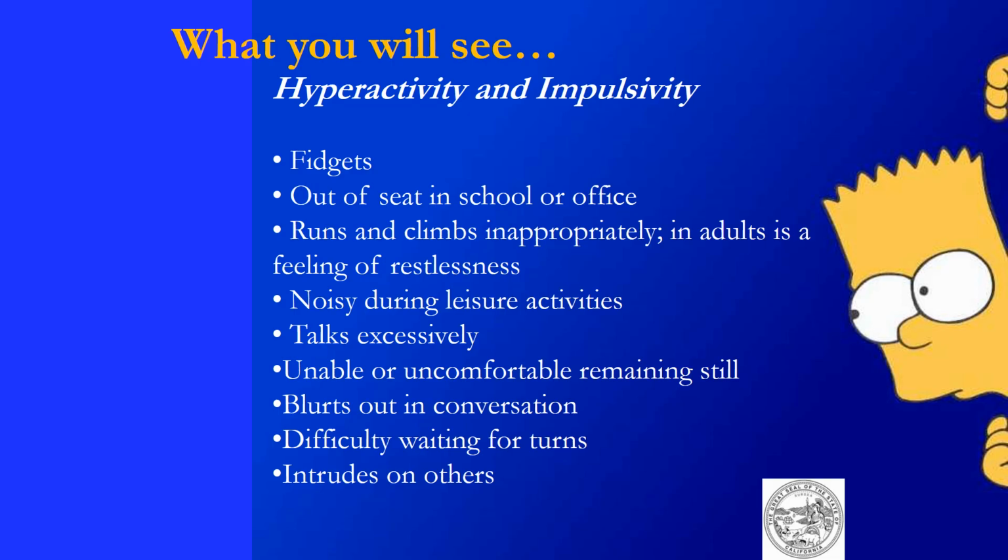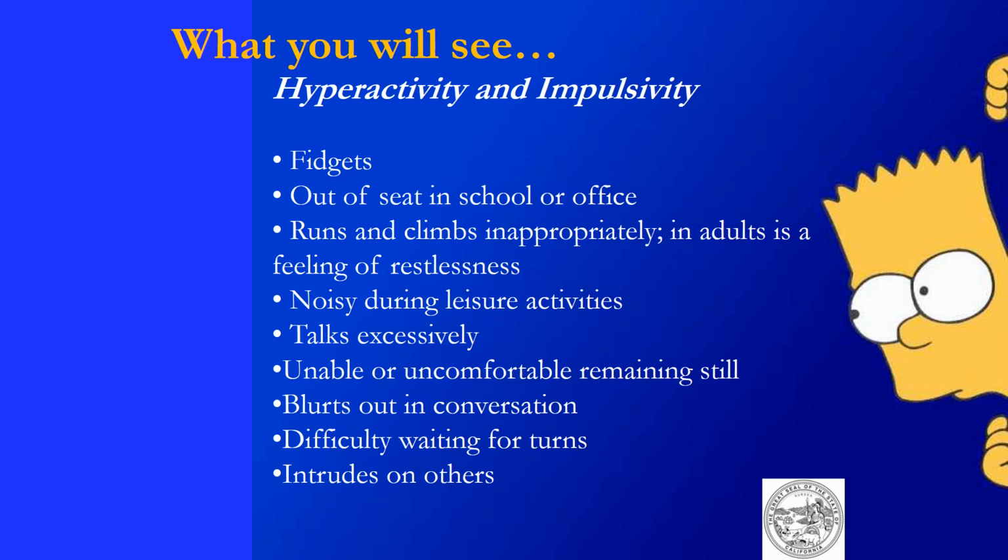So the hyperactive and impulsive presentation involves the behavior that we oftentimes think of as typical for children with ADHD. These are the kids that are constantly in motion. They're fidgeting during activities. They get out of their seat without warning. They climb inappropriately.